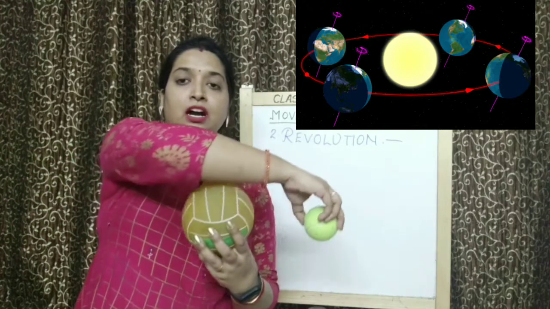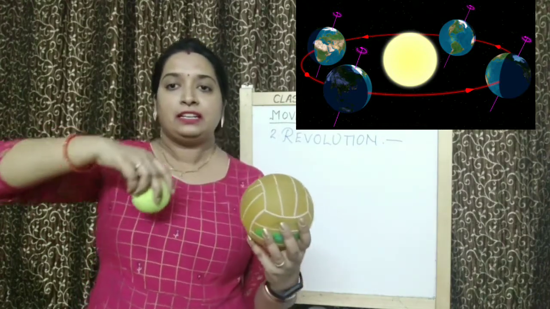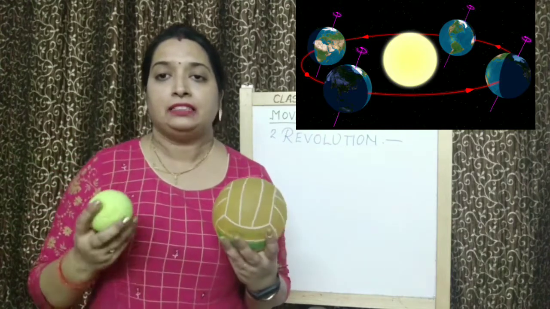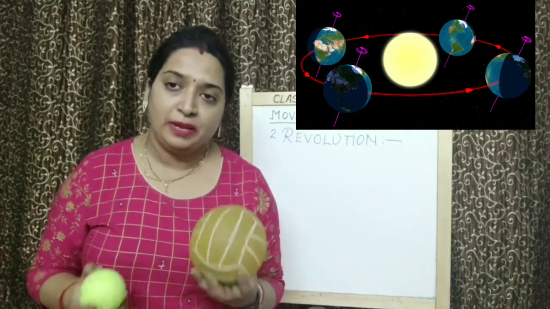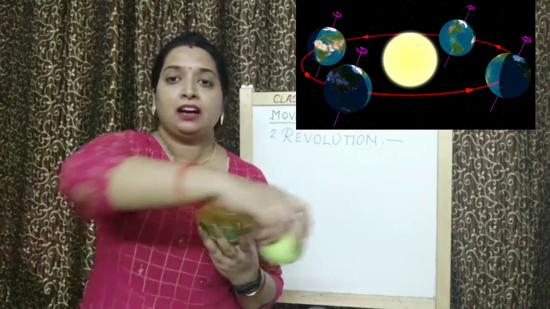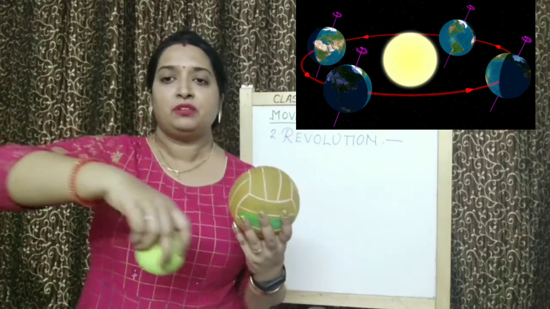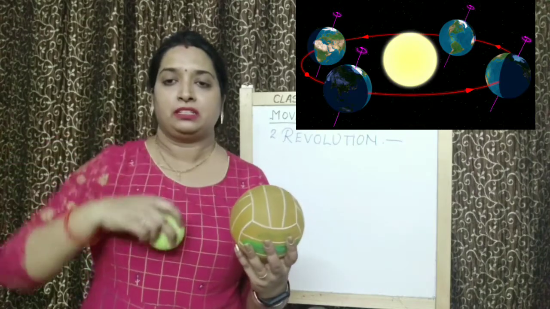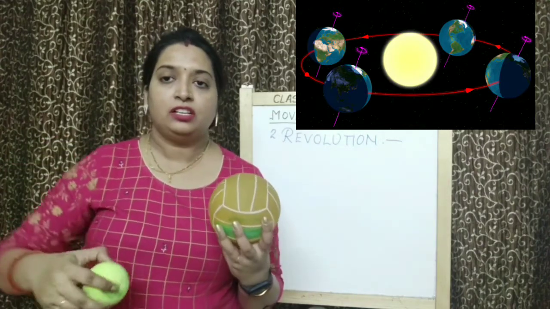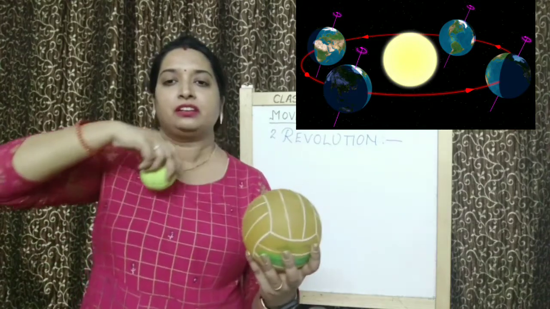So children, earth moves around the sun in an imaginary fixed path, and that path is called orbit. Okay, so the path around the sun in which earth is moving is called orbit, and this movement of the earth around the sun is called revolution.